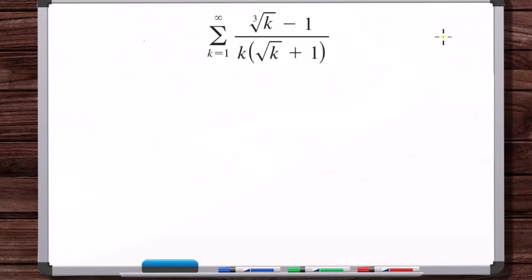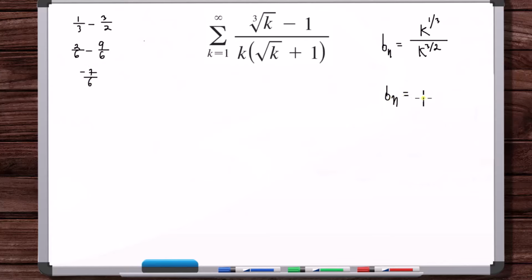All right, so the b sub n we bring in, take the order of the numerator and divide that by the order of the denominator. So k to the 1/2 times k to the 1st is k to the 3/2. So 1/3 minus 3/2 is, so we've got 2/6 minus 9/6, minus 7/6.